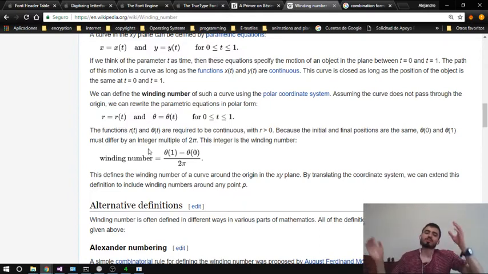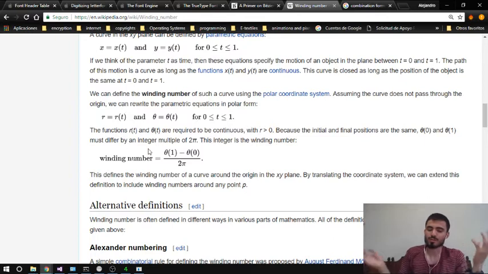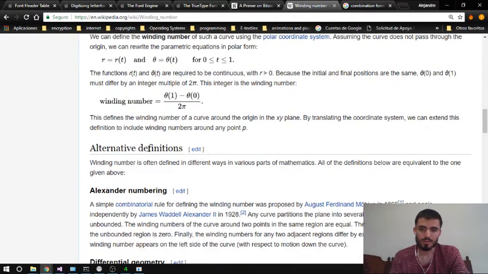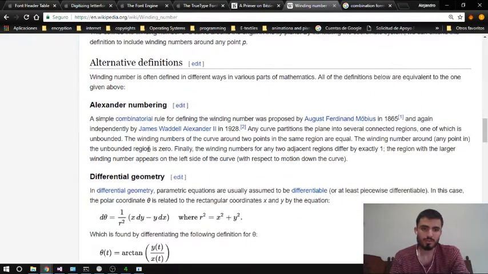It's more than 2 pi. If it's 4 pi, it has gone 2 times. If it's 6 pi, it has gone 3 times. If the delta between theta 1 and theta 0 is 3 pi, 2 pi, whatever, that's what gets you to the one number. Cool.